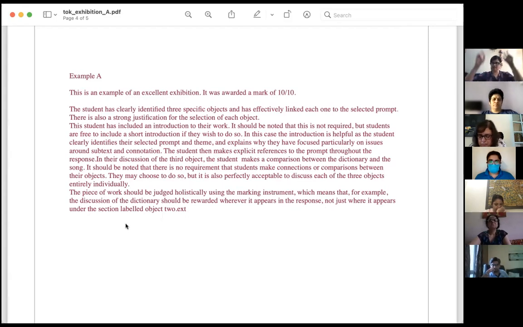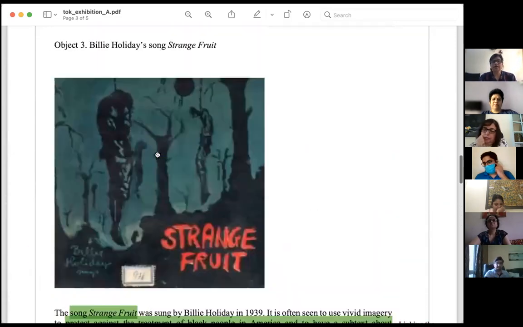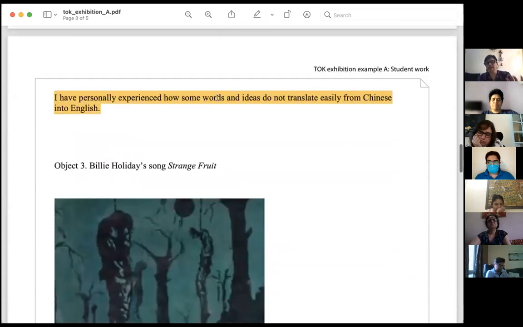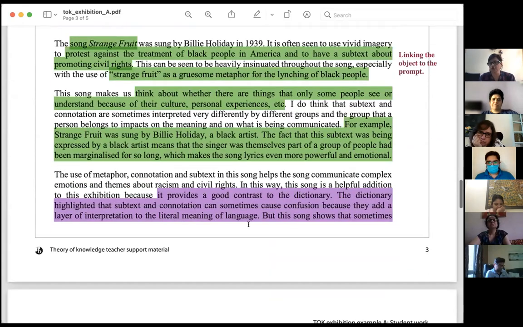So in case a student has done that, so now over here, besides what the student has said about the dictionary, there is more added over here too, which then adds on to whatever has been explained earlier and hence should be awarded accordingly. So you look at it eventually holistically.